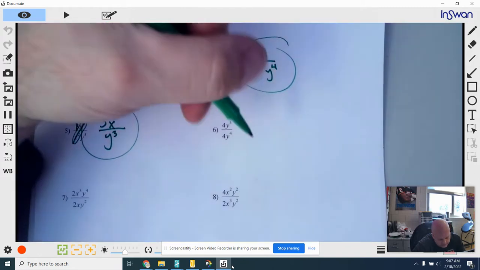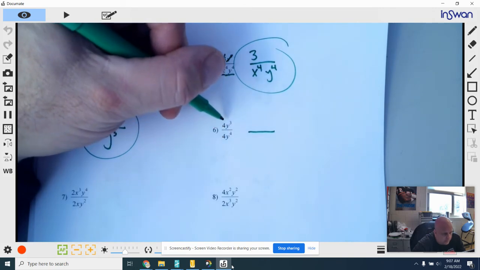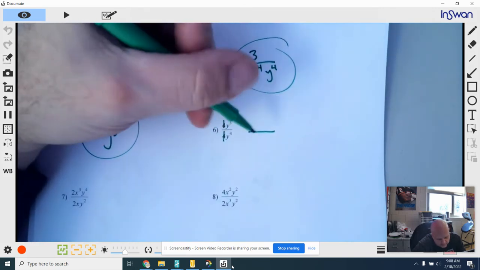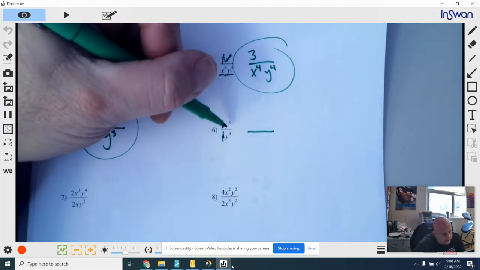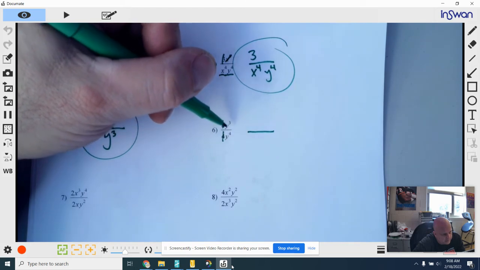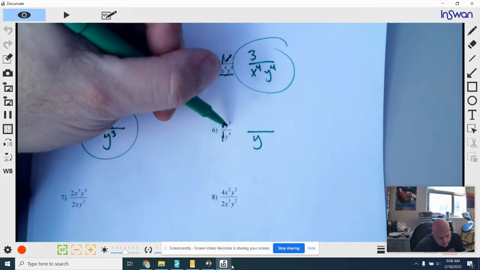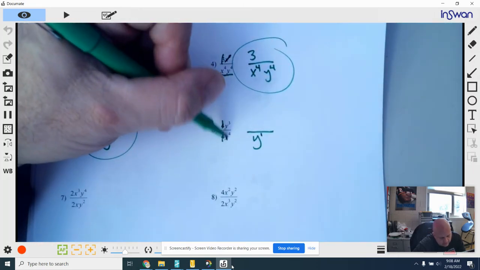Okay, number 6, we have whole numbers both sides. 4 over 4. 4 divided by 4, that's 1. Those are just going to cancel themselves out. So I don't need to even write anything for that over there. Then we take a look at the y's, and you see we definitely have more on the bottom. And then you ask yourself, how many more? Well, 4 take away this 3 is really 1. So the y's are gone.